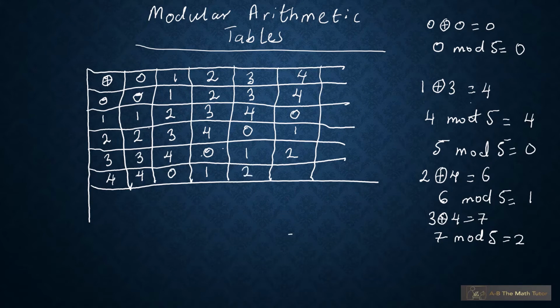And 4 plus 4 is 8. And 8 mode 5 is 3, because 8 divided by 5 is 1, remainder 3. So this will be 3.